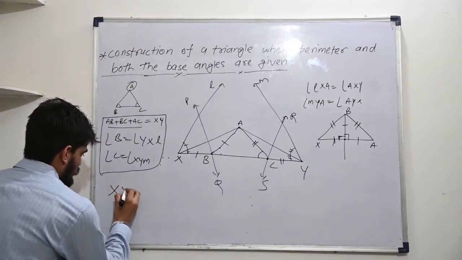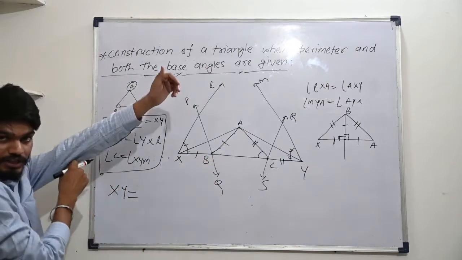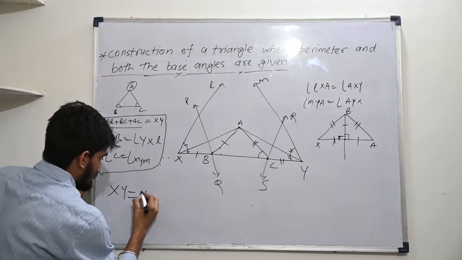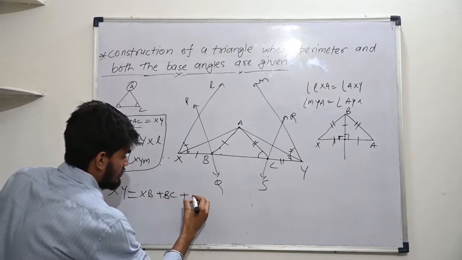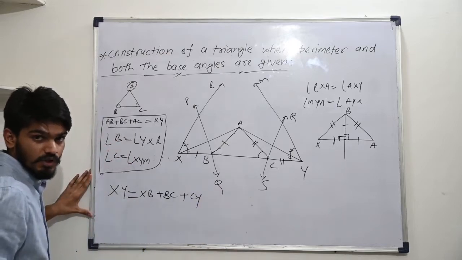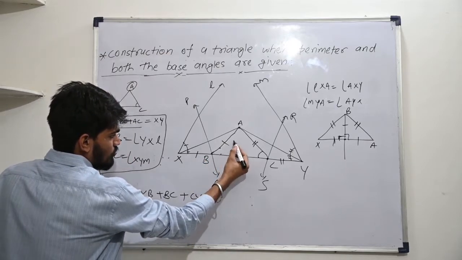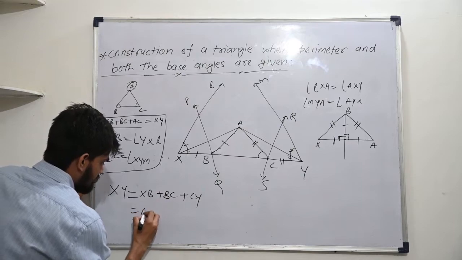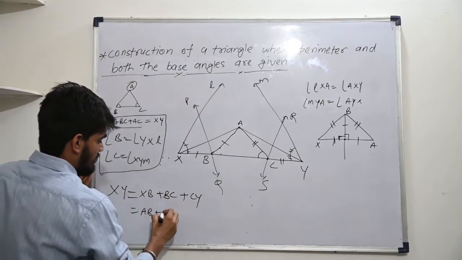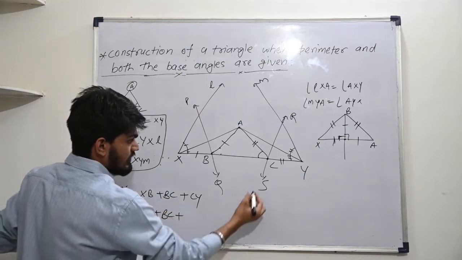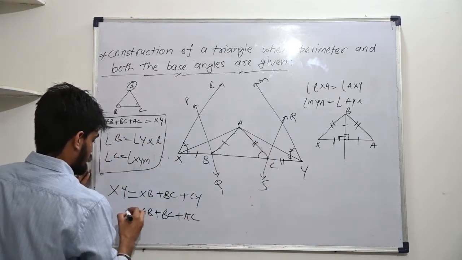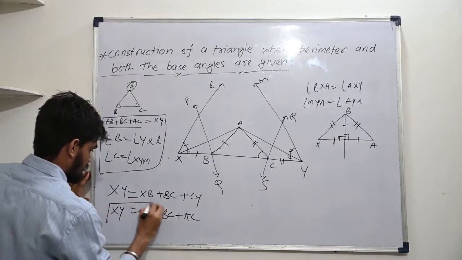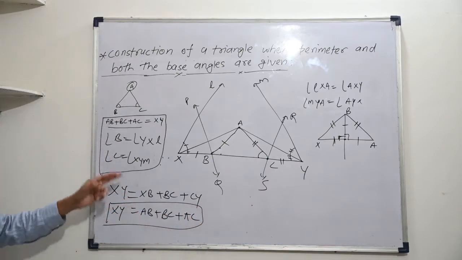If you write XY in 3 parts, you can write XB plus BC plus CY. This XB is equal to BA, I can replace it. BC is the same, plus this CY is equal to AC. That's what I had to prove.